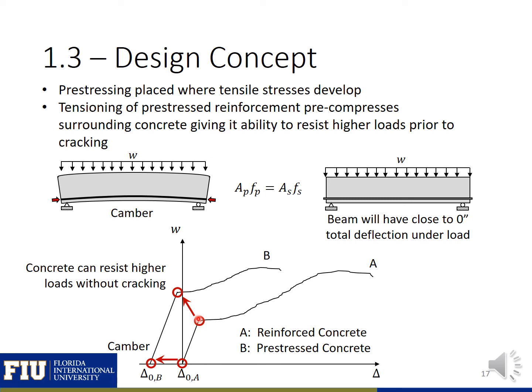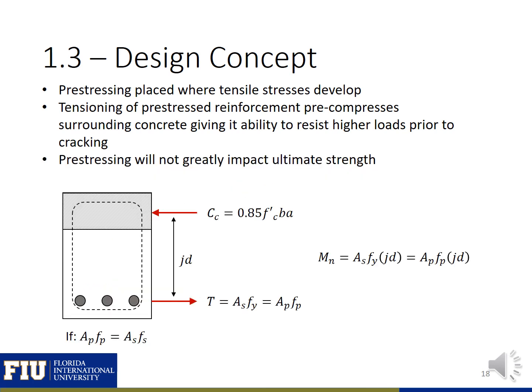Cracking in the non-pre-stressed beam is going to happen at a lower force than the pre-stressed beam. After cracking, the two beams will have a similar ultimate capacity. Pre-stressing will not greatly impact the ultimate strength generally.